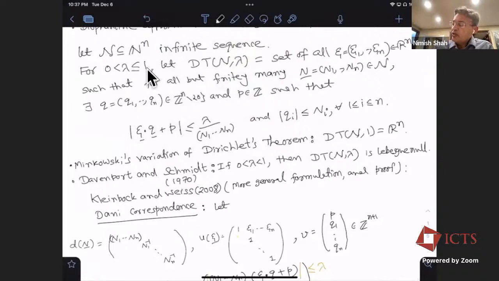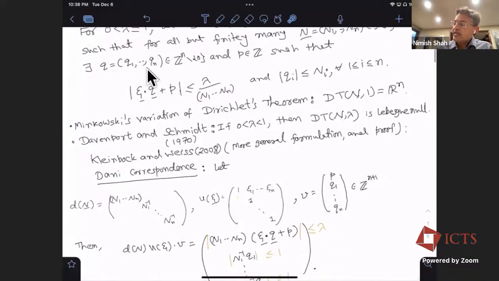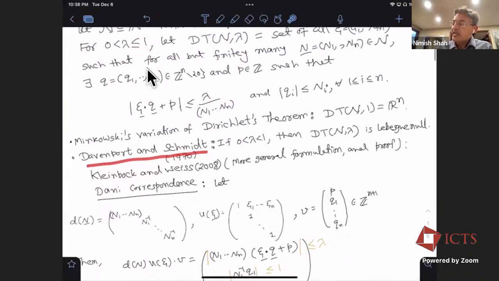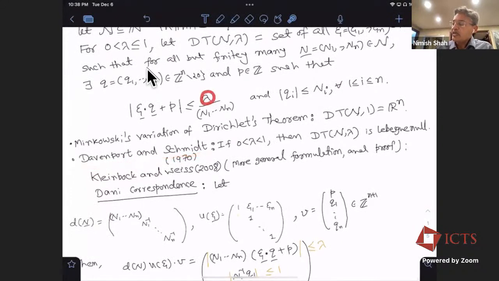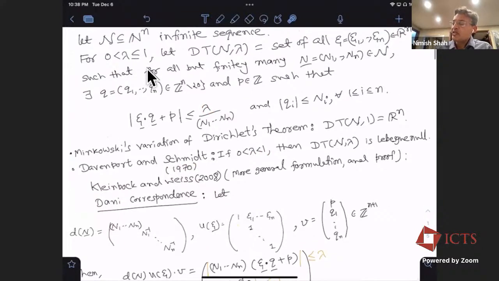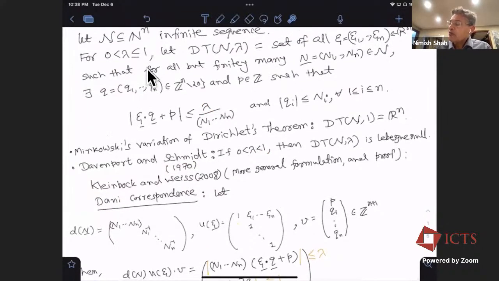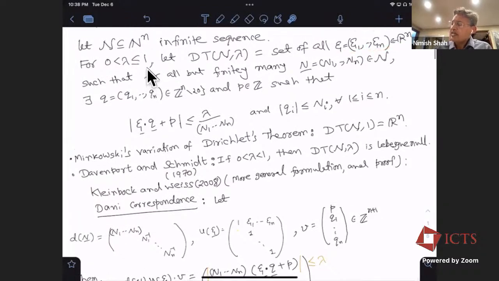So Minkowski's variation of Dirichlet's theorem says that every element C can be approximated in this manner if you put lambda equal to 1. That's it. If you put 1 here, then for every n1 into nn, you can approximate in this manner. And Davenport and Schmidt asked: in place of 1, can we replace it with some lambda which is less than 1, and can we still get this kind of approximation, and for which kind of vectors?